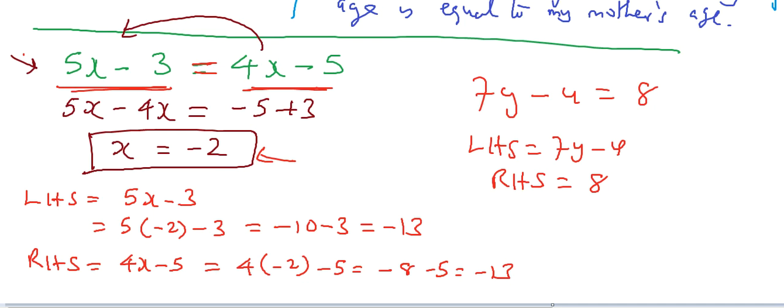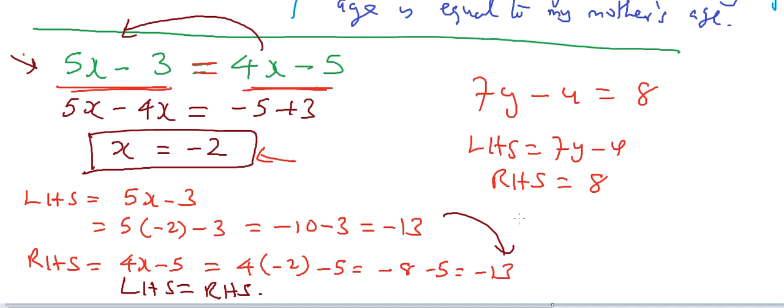Correct. See now both are the same. So that means LHS equals RHS. Correct. So that means this solution x equal to minus 2 is correct. So this is how we can verify whether any particular value is a solution to the given equation.